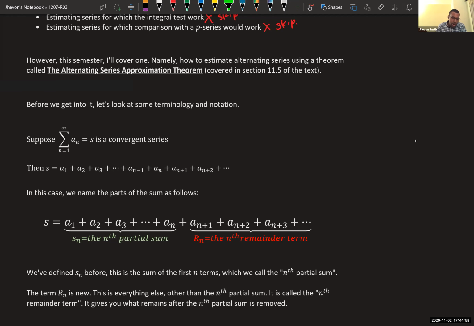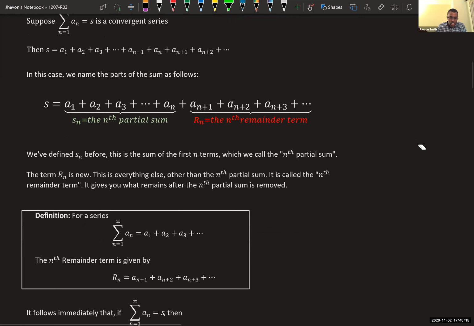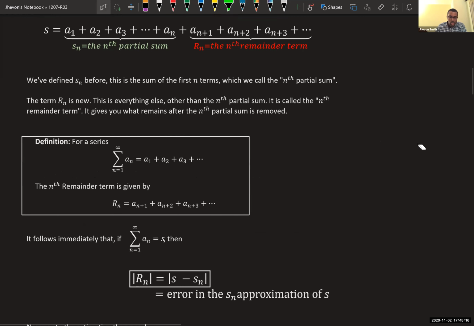Now, this number S is very hard to get a hold of in general. However, being able to find S_n is not so hard. We can actually do that with series. You just need enough processing time, which we can do for a lot of things.